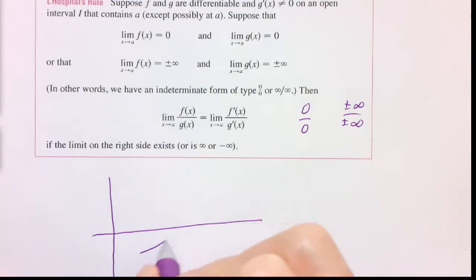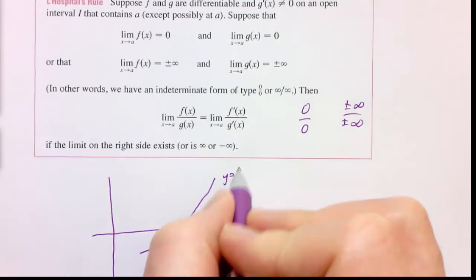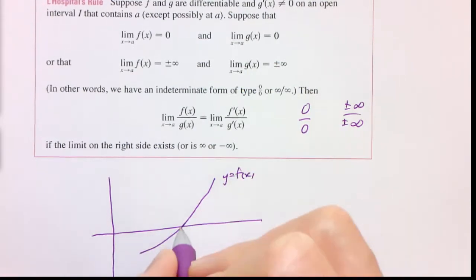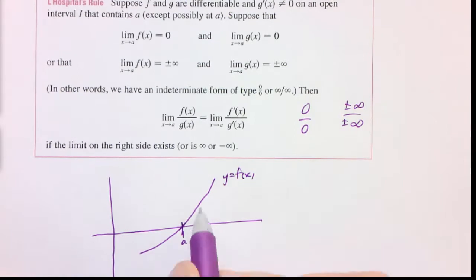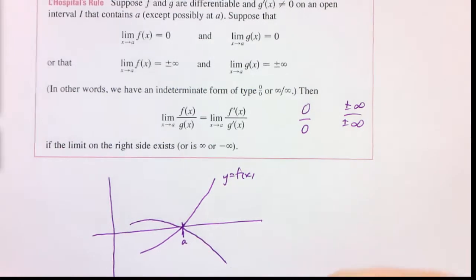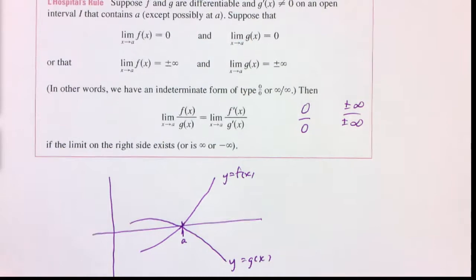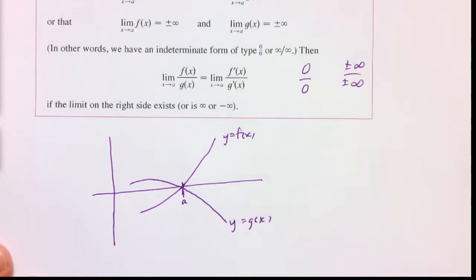So I have some function f. Here it is at a. At the number a, f is going to 0. We have some other function g. It's going to 0, and so as x approaches a, f over g is of the form 0 over 0.